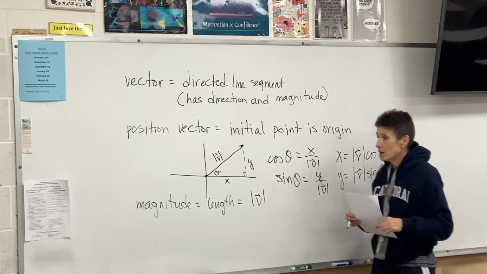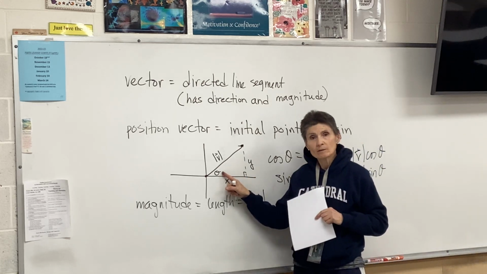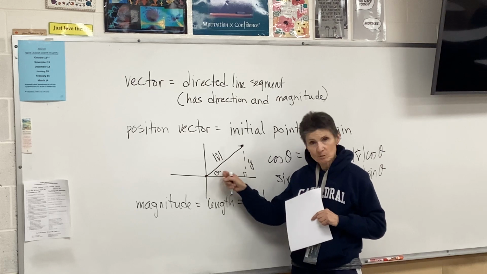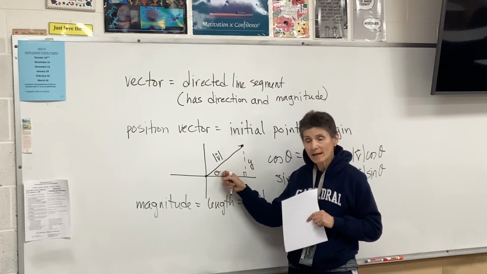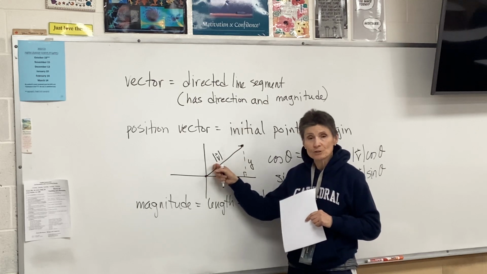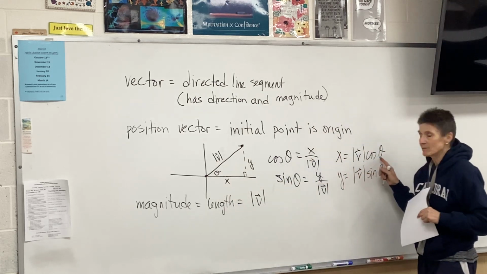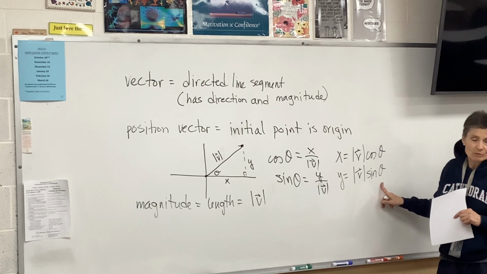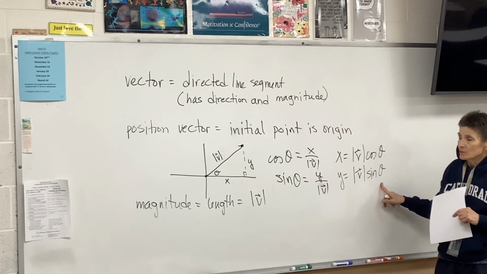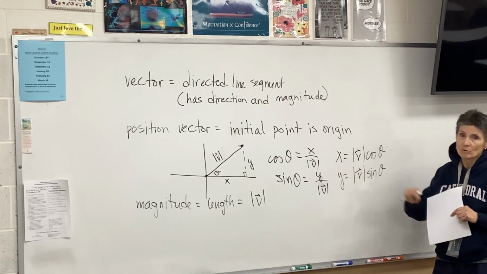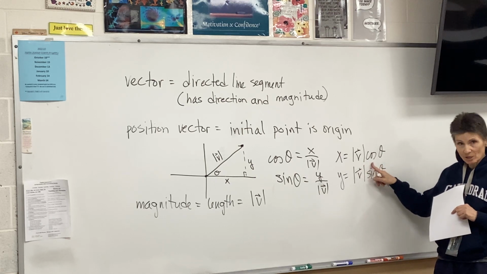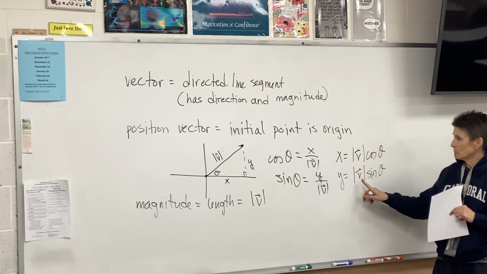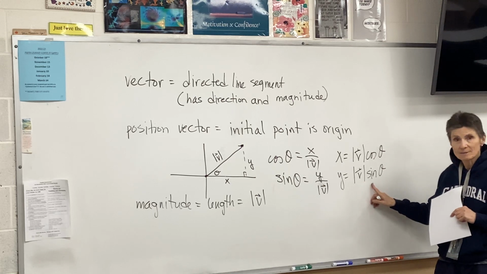So if I know the direction angle of my vector, this angle that it makes with the positive x-axis, standard position angle, and I know my magnitude, then I can easily find the components using right triangle trigonometry. So x is always going to equal the magnitude times the cosine, and y is always going to equal the magnitude times the sine.